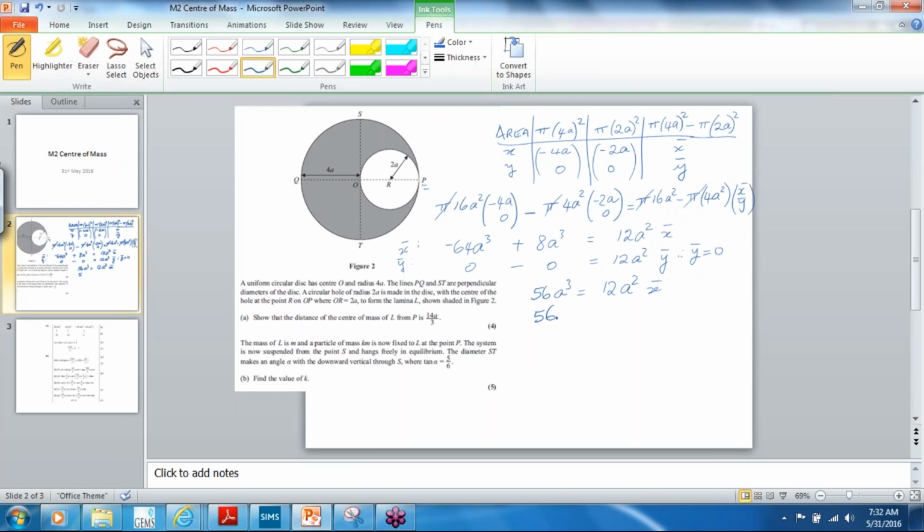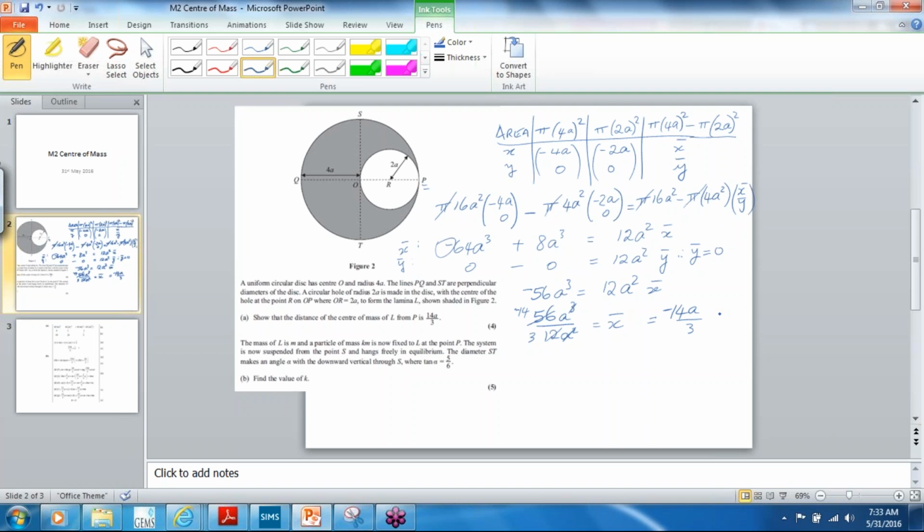Divide that: 56a cubed over 12a squared. 2 of those cancel, and 4 goes into 56 14 times, 4 goes into 12 3 times. It's 14a over 3. I've got the negative here that I've left out.